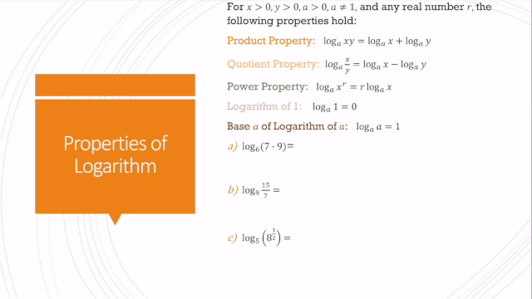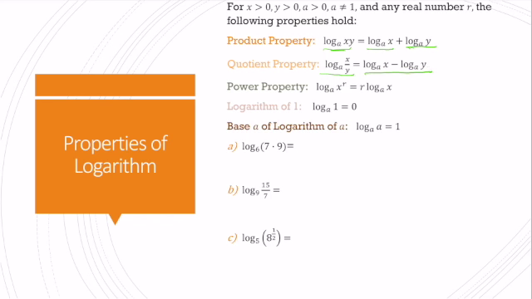Another thing you need to know about logarithms are some of its properties. The product property states that I can pull it apart. So if I had log base a of xy, that's the same as log base a of x plus log base a of y. When I'm dividing, I'm going to be subtracting. And this makes sense, right?